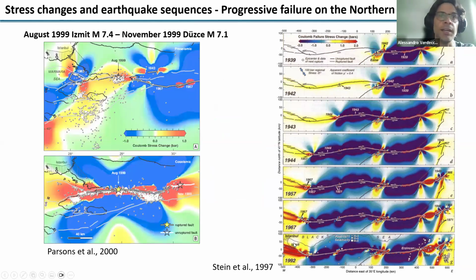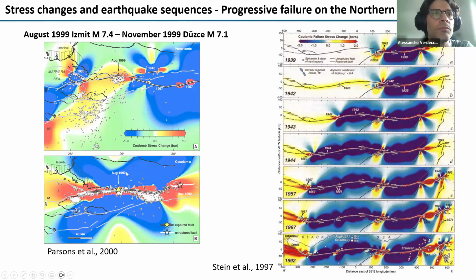What happened in 1999 is the famous Izmit earthquake, magnitude 7.4, that was followed a few months later by another 7.1, the Düzce earthquake, which this time was not to the west of the Izmit, but let's say the rupture came back to the east.